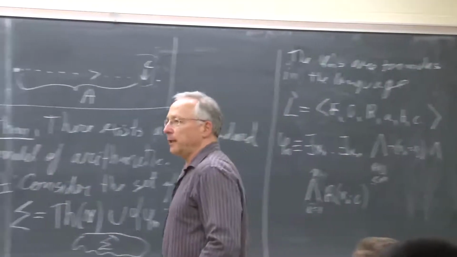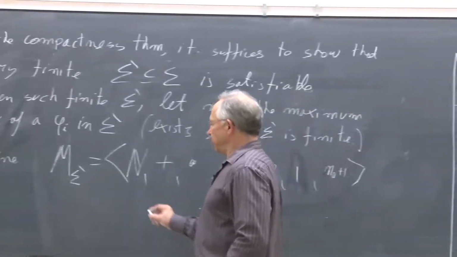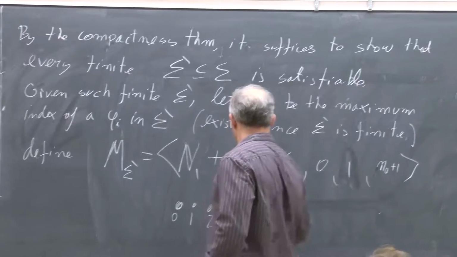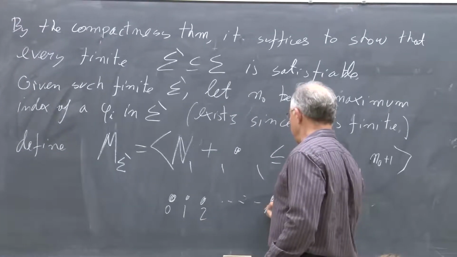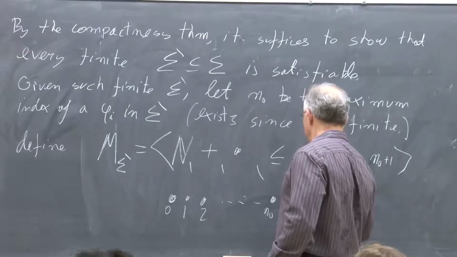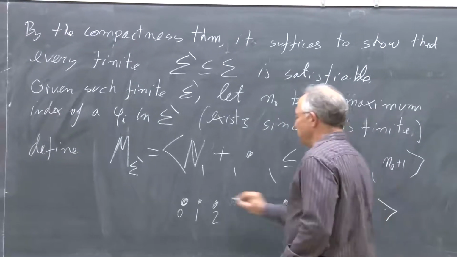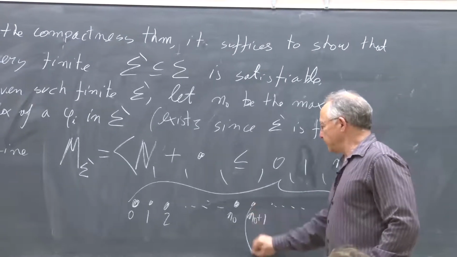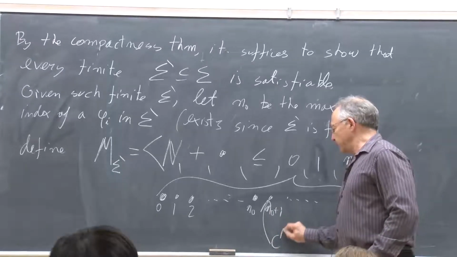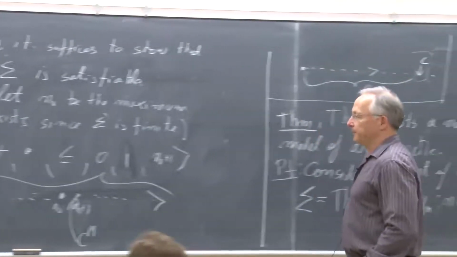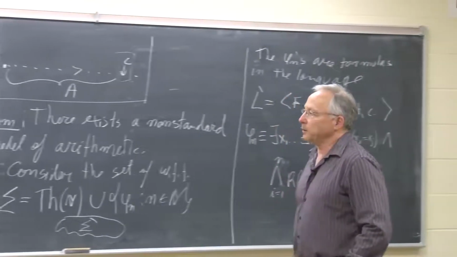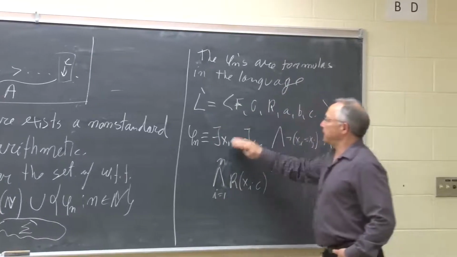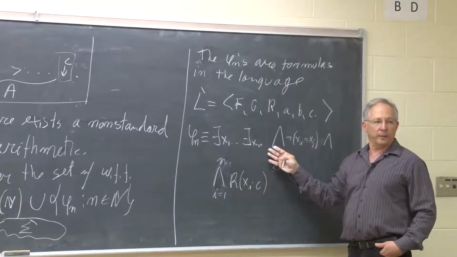So what I do here is I just look at the usual model of the structure. This is 0, 1, 2, and here I have this n0, n0 plus 1. And this is the usual structure of the natural numbers. I just say, OK, let's say this element is the interpretation of C. If this is the interpretation of C, it satisfies all of those formulas that say there exist at least so many x's below me.